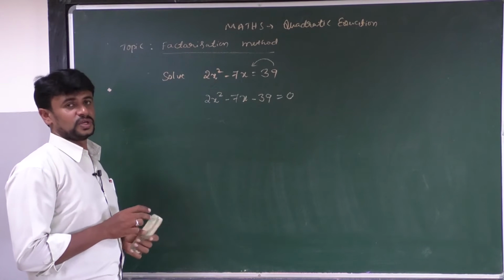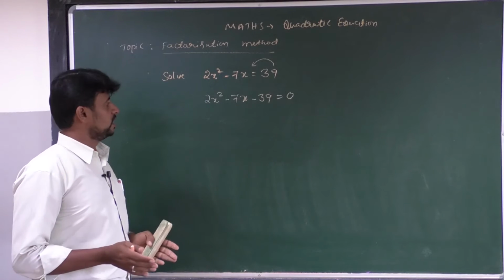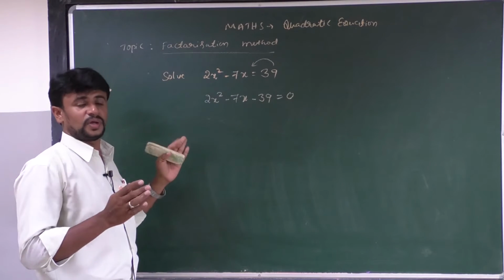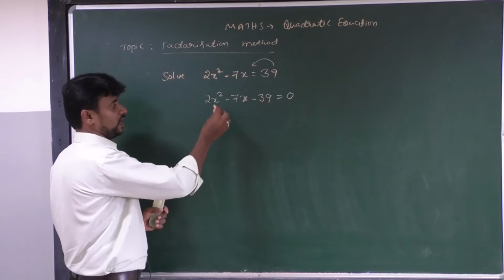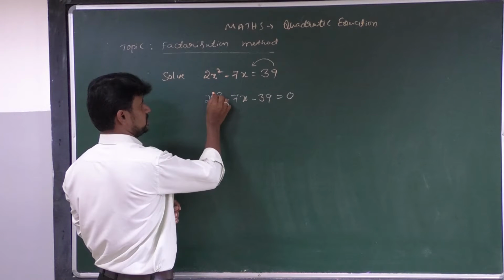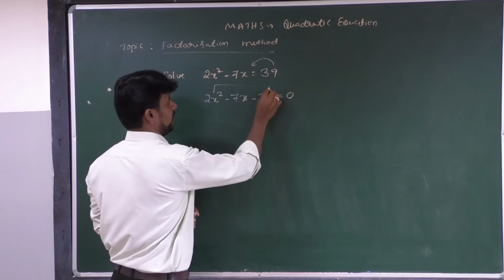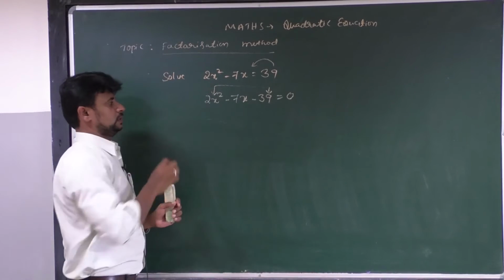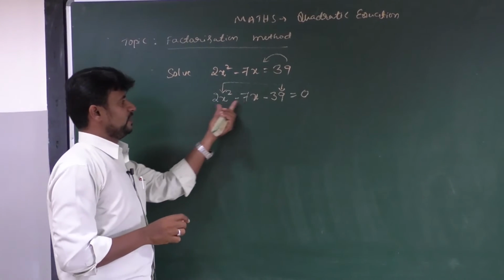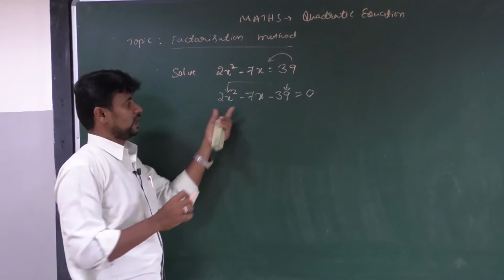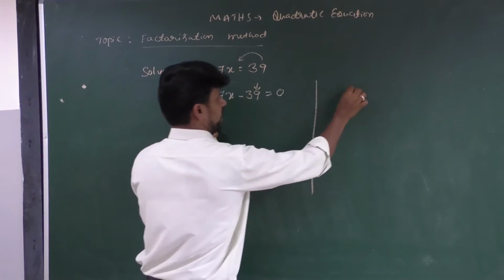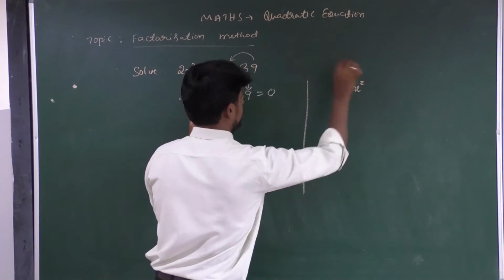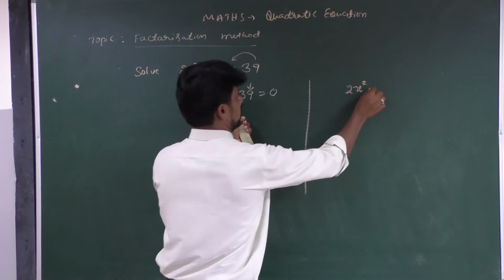And third step is we have to do the factorization. How can you do the factorization? This is one of the important steps in this method. First you have to multiply these two terms. Look at the board, all of you. Here we have 2x square, take this 2x square and multiply with minus 39.